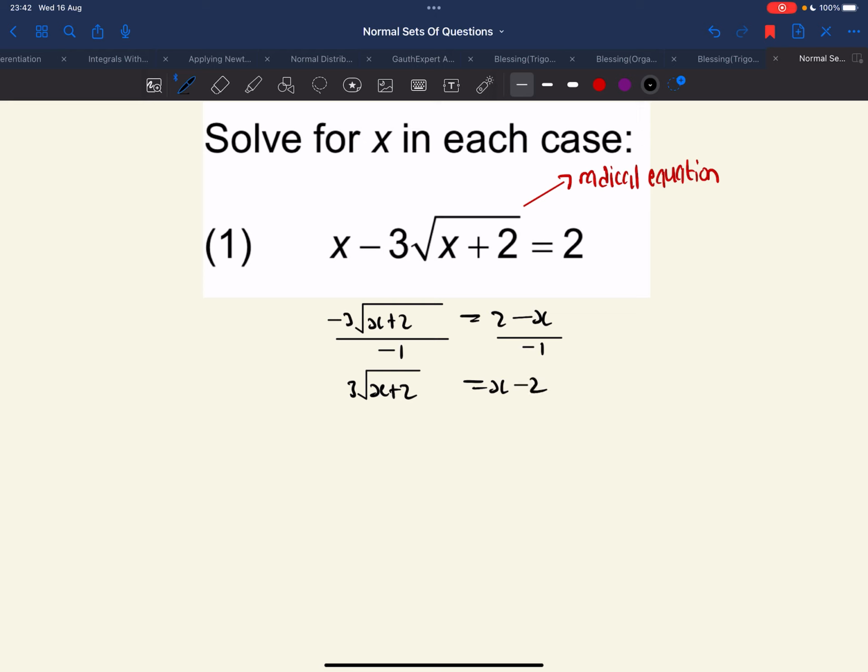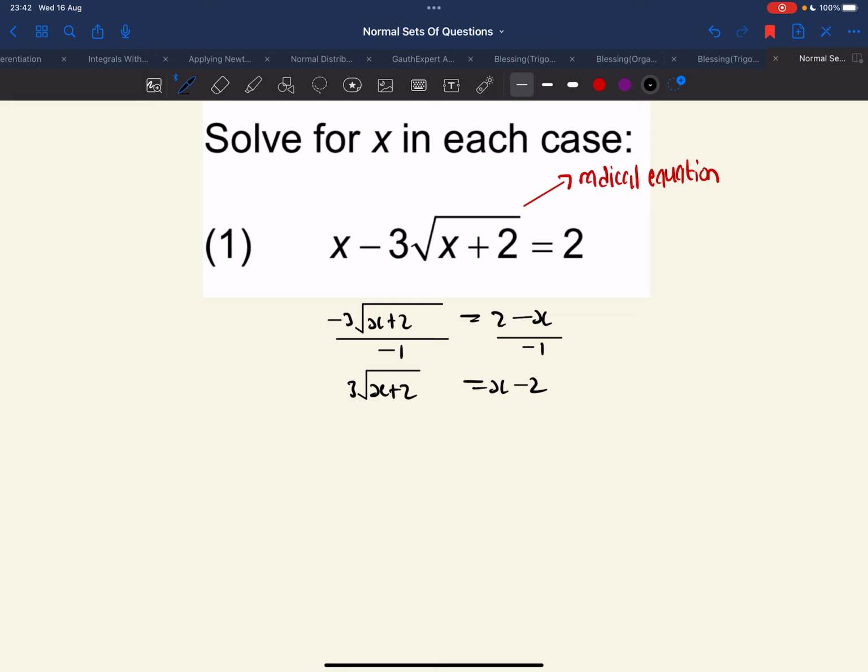And then the following step is up to you. You can either also divide by 3 or just leave it there. For now we can just leave it there. So to get rid of the roots, we're going to have to square both sides.